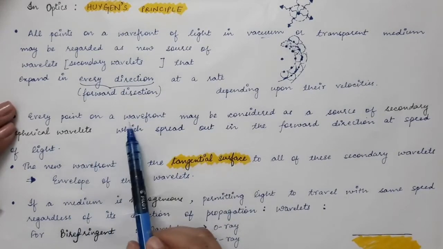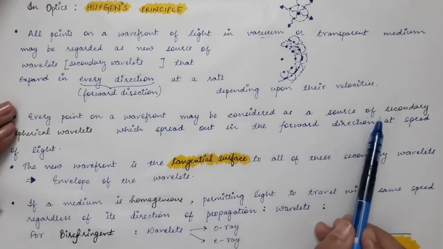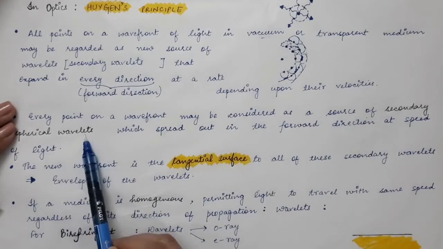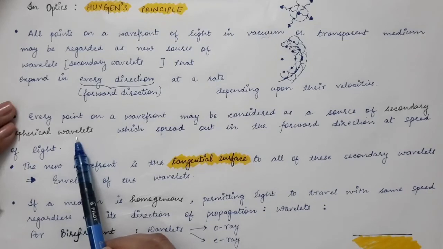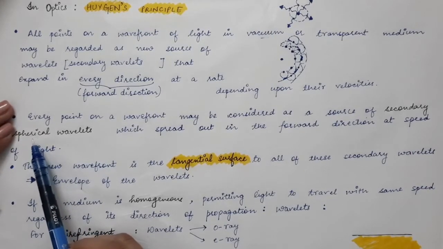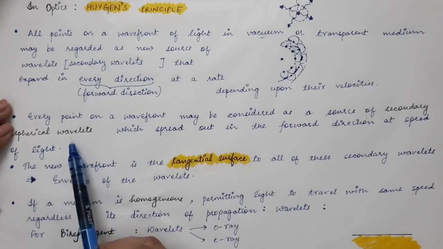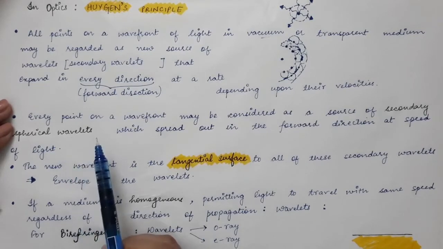Now every point on a wavefront may be considered as a source of secondary spherical wavelets. Now this point is for the case of homogeneous medium, because we are talking about the spherical wavelets. So spherical wavelets arise in the case of homogeneous medium like glass or water.